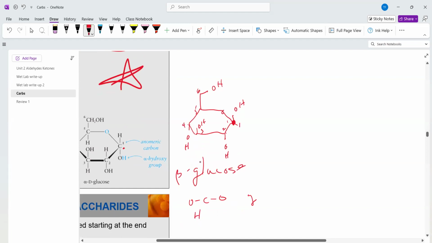And there is a hydrogen here, so yes. And what about OH present? Yes. So this means it's an acetal or hemi. This means it's a hemiketal or hemiacetal.